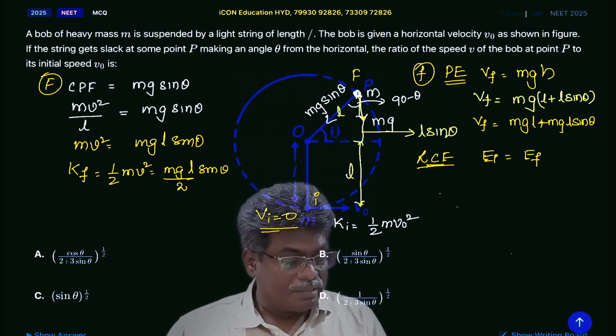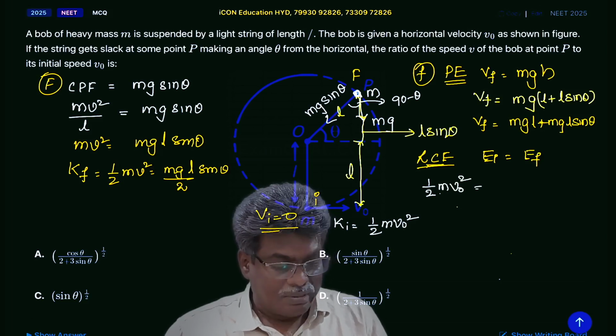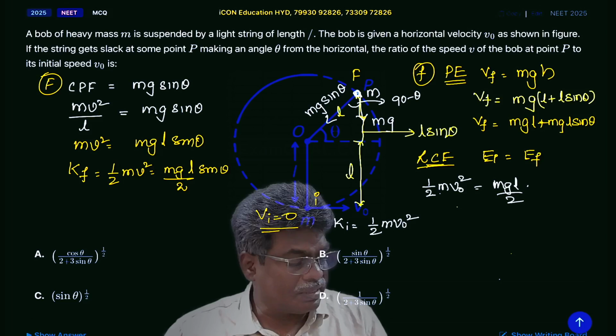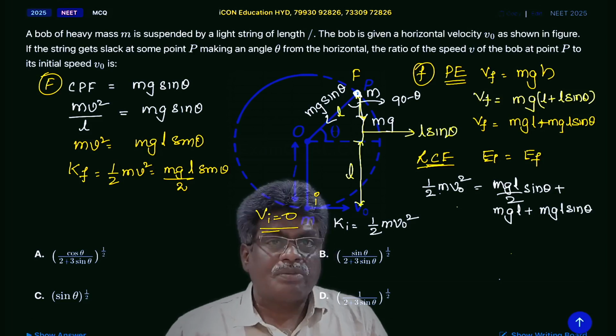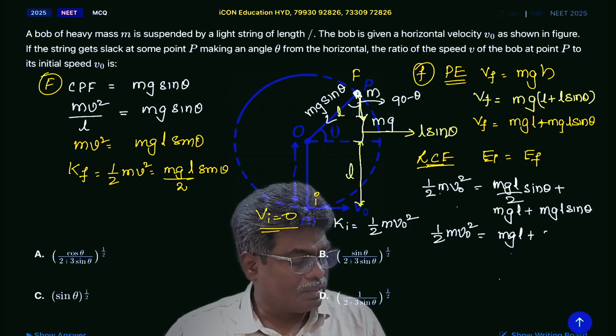So we can write half mv naught square equal to the final kinetic energy mgL by 2 sin theta plus mgL plus mgL sin theta. If I simplify this, I will get half mv naught square equal to mgL plus 3 by 2 mgL sin theta.